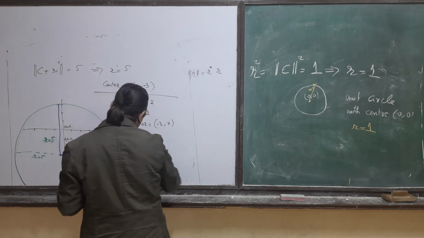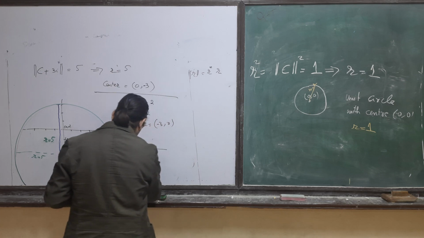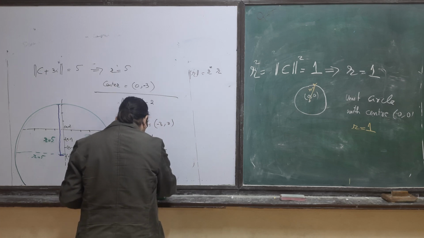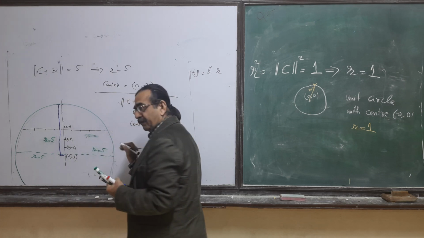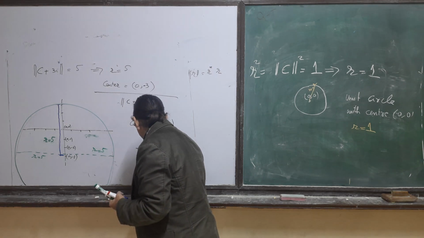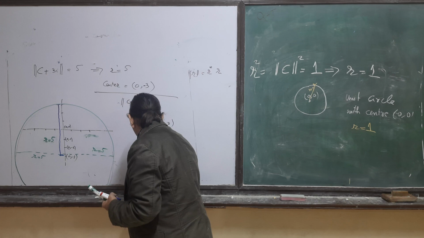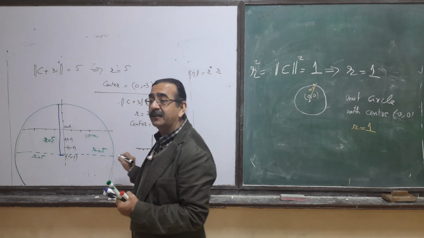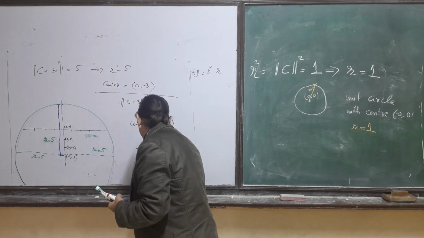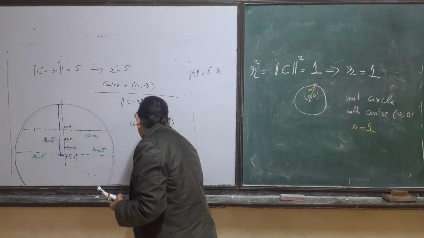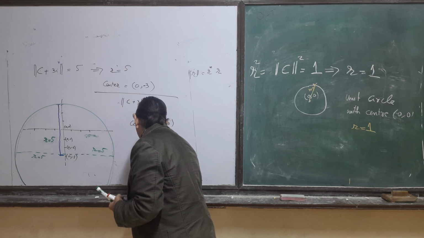No, radius is 2. One minute. Again, please try to understand. This is 0, 0, this is 0, this is 1, this is 2, this is 3. This is the center, this central point is -3, 0.